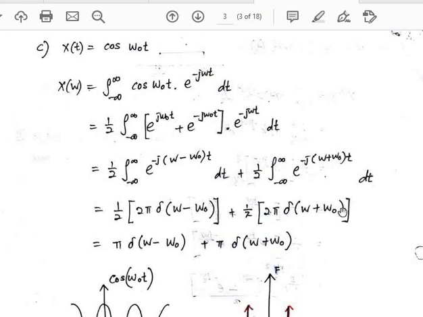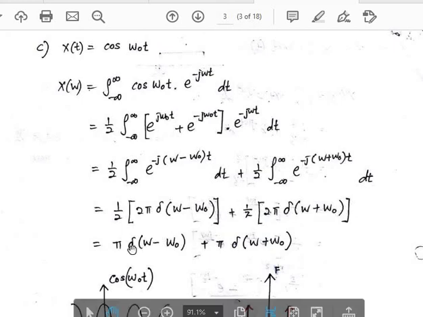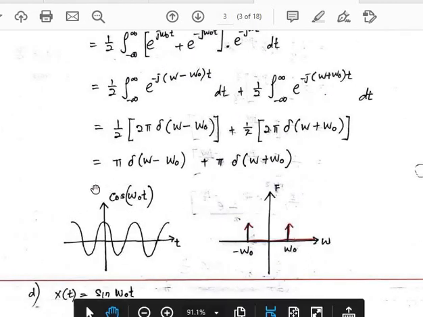So you cancel out the 2, you get pi delta omega minus omega naught plus pi delta omega plus omega naught. Then you plot the time domain and the frequency domain. The time domain is a cos. In the frequency domain you have only delta, at minus omega naught and omega naught only.